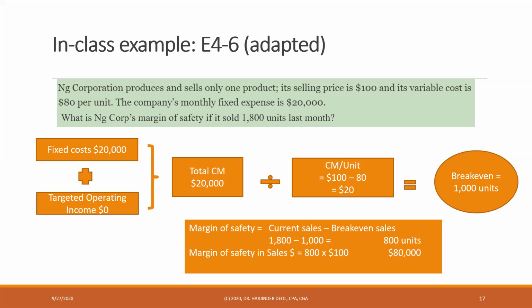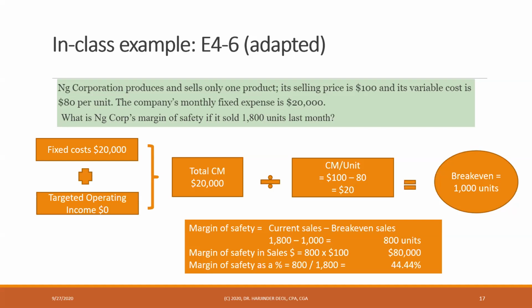If we want to look at our margin of safety in sales dollars, then 800 units multiplied by $100 of selling price gives a safety net in dollar amount of $80,000. Expressing the same margin of safety in percent of sales, 800 units divided by 1,800 units.